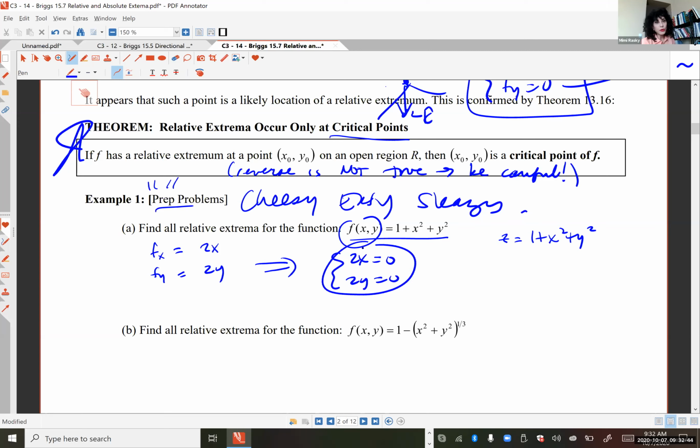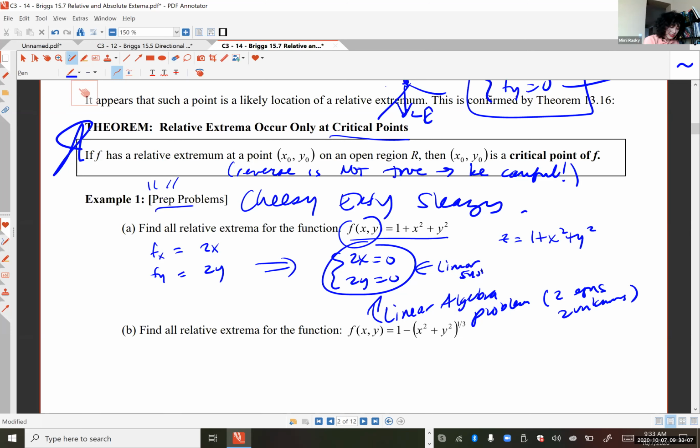When you do this, you basically get a trivial linear algebra problem. You're going to get 2 equations and 2 unknowns. Sometimes you'll get a nonlinear system of equations, but this is a linear system, so this is pretty easy to solve.